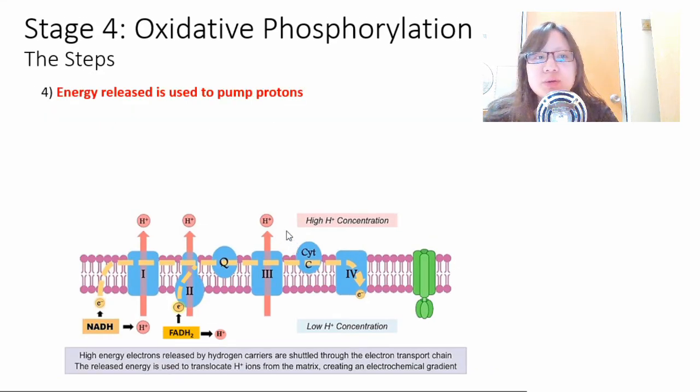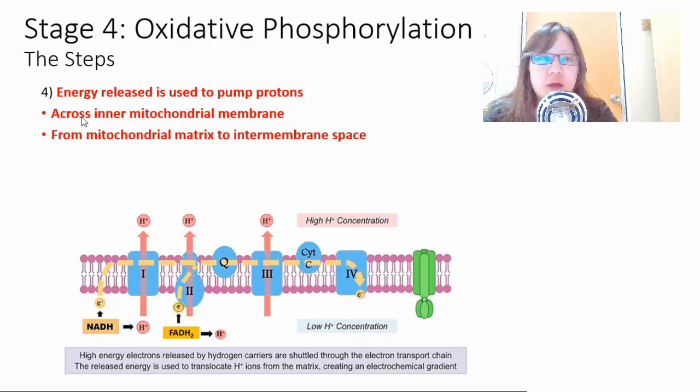This is what they do. The energy released is used to pump protons. Remember the protons that came from the NADH and the FADH in the previous slides? That hydrogen ion or proton is pumped into the intermembrane space across the inner mitochondrial membrane.